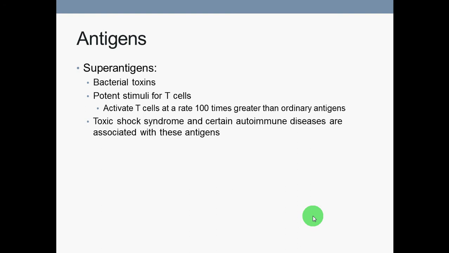While this might sound like a good thing, to elicit an immune response to try and get rid of this toxin, it can actually cause serious side effects. An example would be toxic shock syndrome and certain autoimmune diseases. This is where your immune system basically gets out of control and starts attacking you instead of the microbe that is invading you.